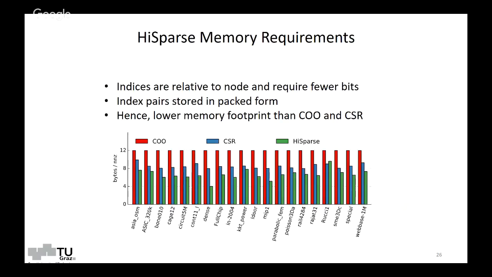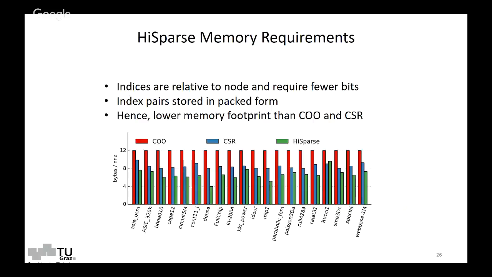And what does this format enable? First of all, with such a hierarchical format, we can store these matrices more efficiently. If you compare the memory requirements for the coordinate format versus the CSR format versus our format, we can see that usually CSR is about 80% of the coordinate format, and our format is usually a little bit more efficient still.